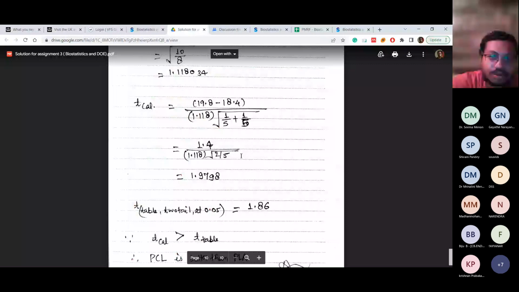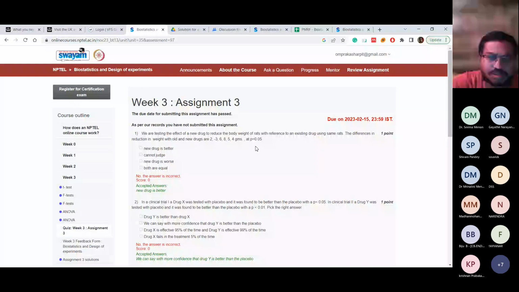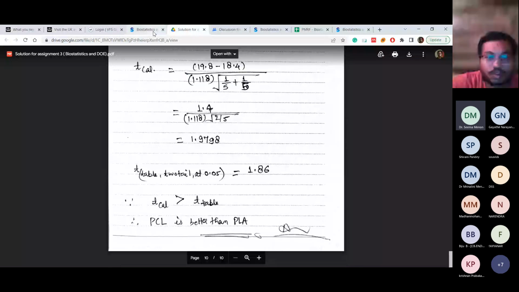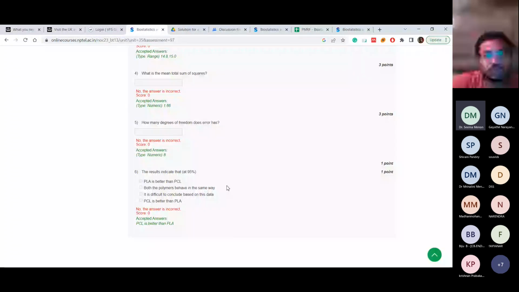I haven't calculated it, but according to the solutions they gave, it's coming greater than both the two-tail and one-tail value. In the last question also I had the same problem. Maybe because of a mistake in my calculation, I got a value in between, and I was wondering how it can be one-tailed. You can just check your calculations later.